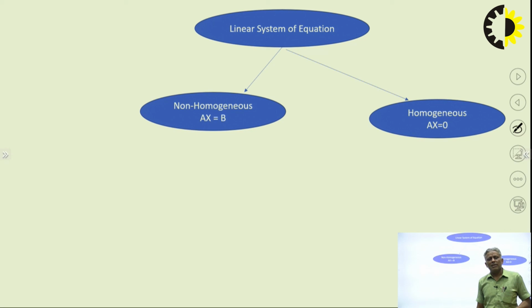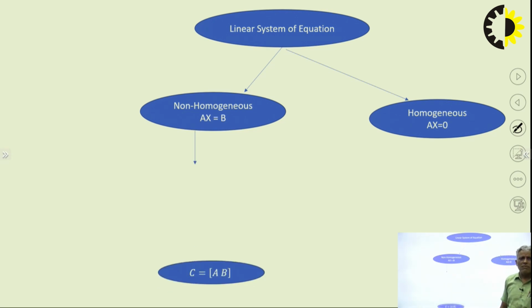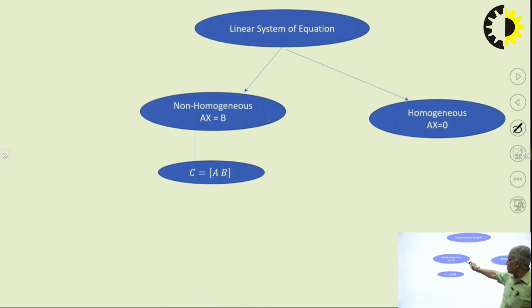Why do we study the rank of the matrix to solve the linear system of equations? With the help of rank, we can solve the linear system of equations and optimize it. So there are two types of linear systems of equations: non-homogeneous and homogeneous. If the system is homogeneous or non-homogeneous, how to use the rank?